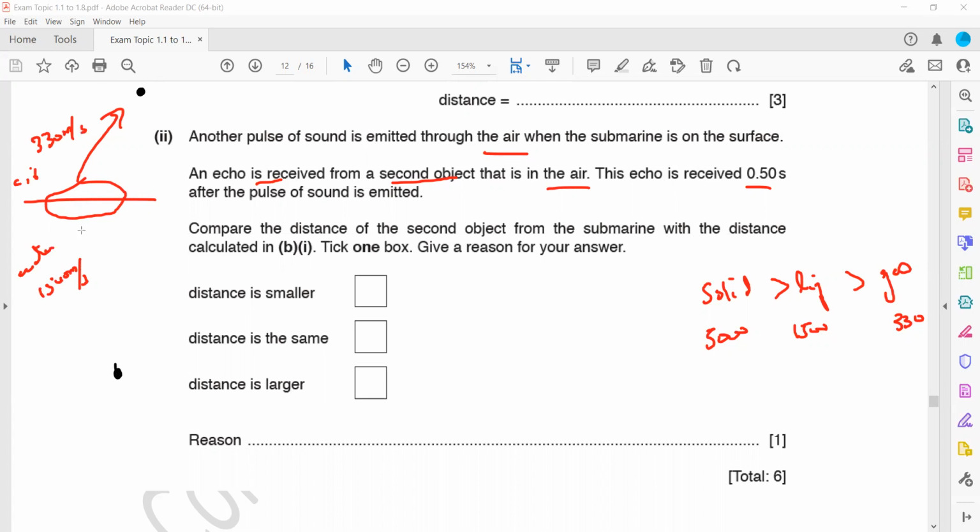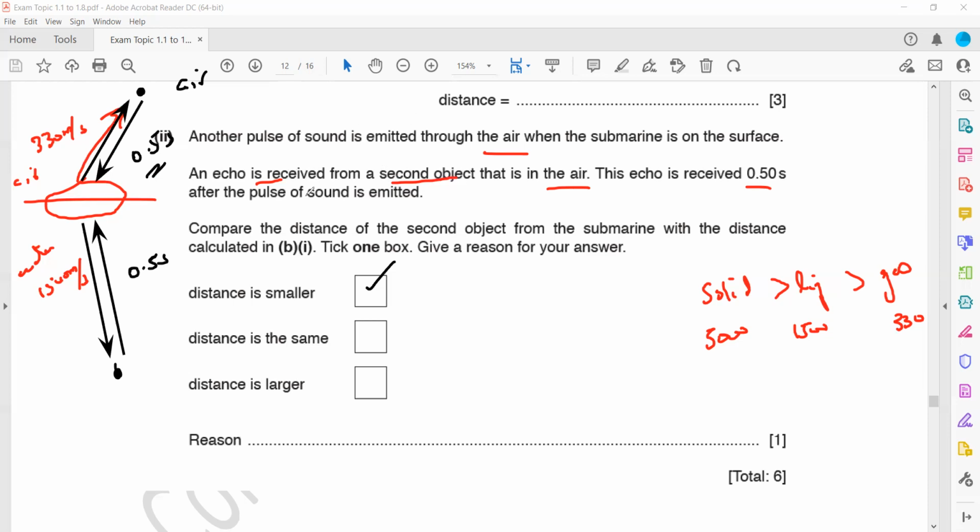When the submarine sent the signal and it bounced back in 0.5 seconds, here also the submarine sent the signal and it bounced back in the same time interval of 0.5 seconds. When we compare whether the object in air is closer than the object in water, or at the same distance or larger, the correct answer is that the distance of the object in air will be smaller, because the speed of sound is slower, so the sound travels at a slower speed.